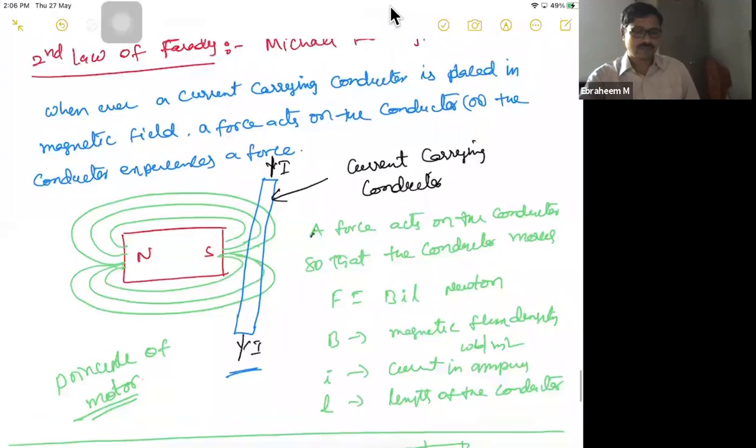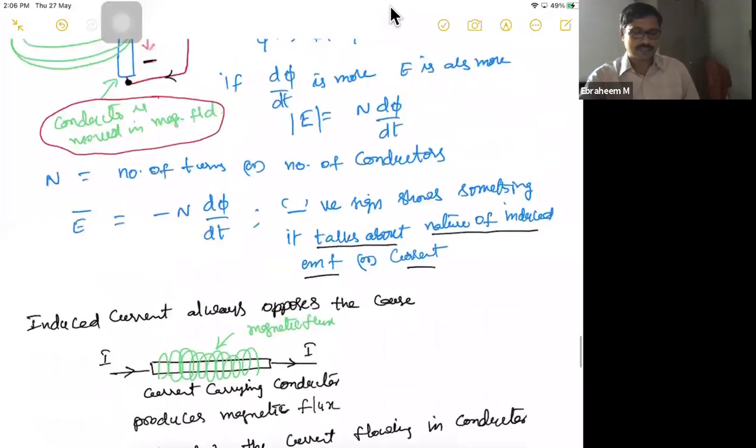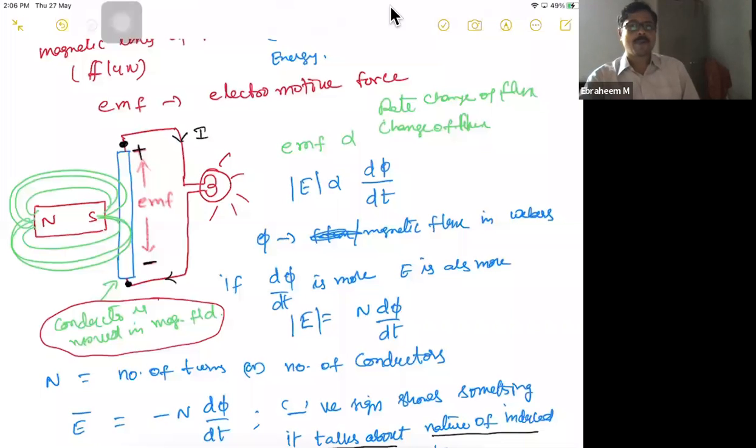When the current flows in this conductor, when we close the circuit, that current also produces a magnetic field. That magnetic field interacts with the magnetic field of the magnet, and there will be a force acting on the conductor.